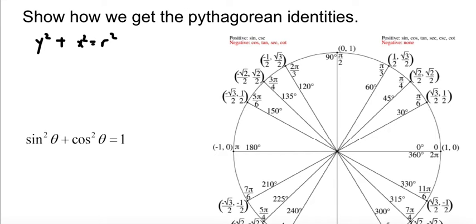I should probably have written it the other way around, but I put it in this order because your sine and your cosine are in that order. It doesn't matter. I could have said x squared plus y squared equals r squared. Since our radius on the unit circle is 1, we can put a 1 in there for r.